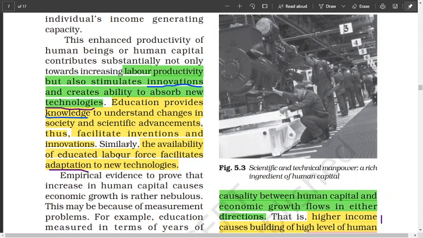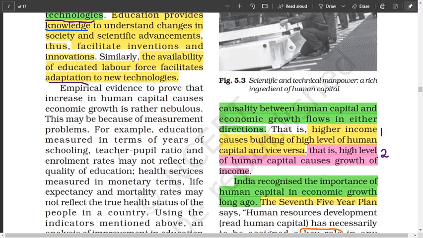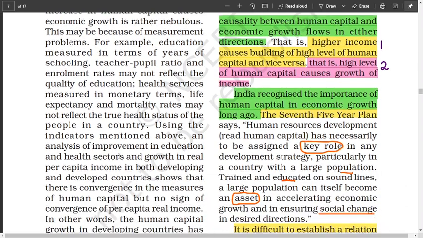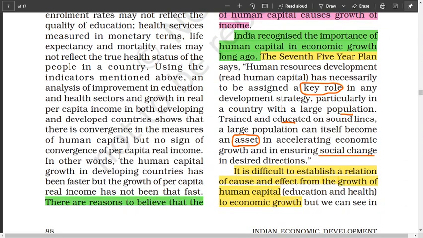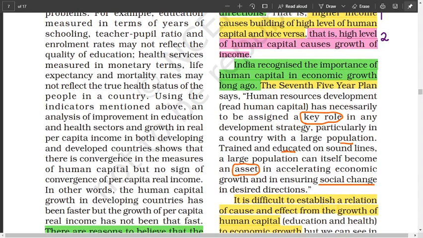So you understand human capital increases labor productivity. Because you are educated, you tend to develop innovation, you tend to adopt technologies, so that brings about development in the economy.